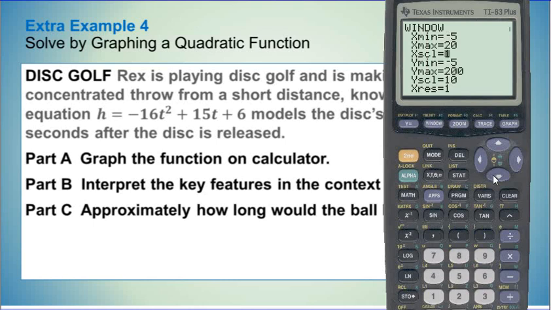The max height, we'll do 30. Then let's graph that. Let's make the x maximum 10. Okay, so that's a little bit better. So there's our graph. Now let's interpret the key features.